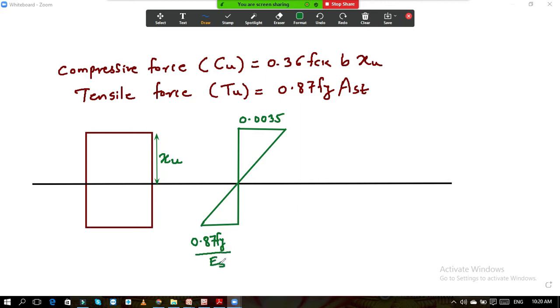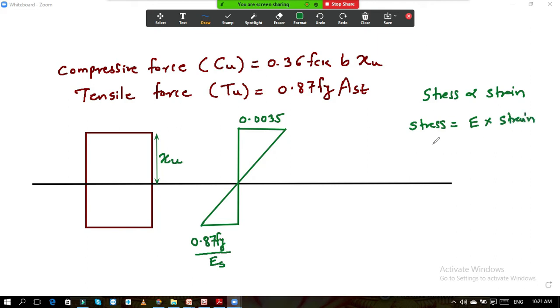So if you divide this stress by Young's modulus, then the quantity is strain. Okay, all we know that stress is directly proportional to strain. So this relation we know that stress is directly proportional to strain. Okay, so we take stress is equal to the constant, that is Young's modulus or modulus of elasticity, into strain.